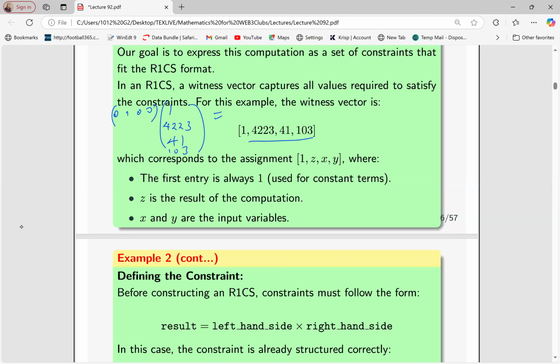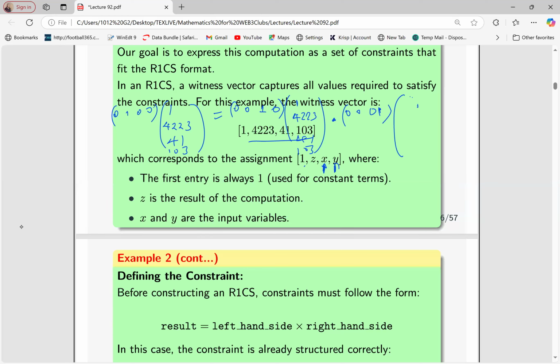And then we have L. We made X 1, and the rest was zeros, again multiplied by our witness 1, 42, 23, 41, and then 103. Then multiplied by our R, we made Y 1, so the rest will be zeros, but Y is 1. Then again multiplied by the witness.